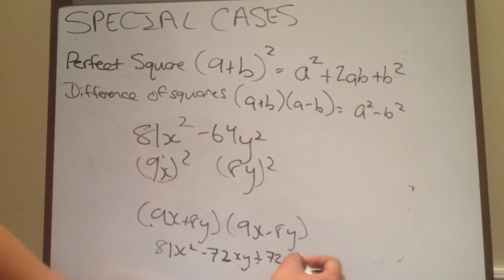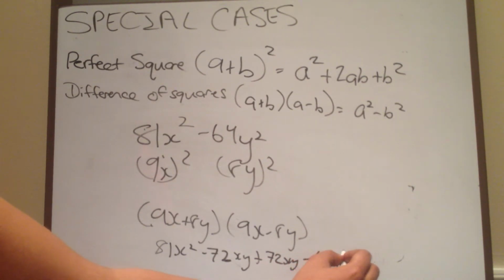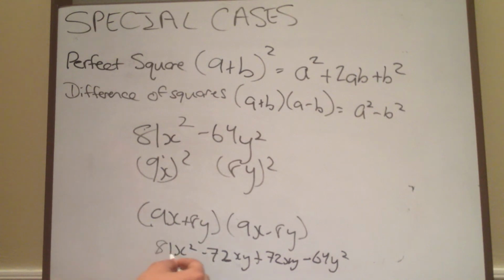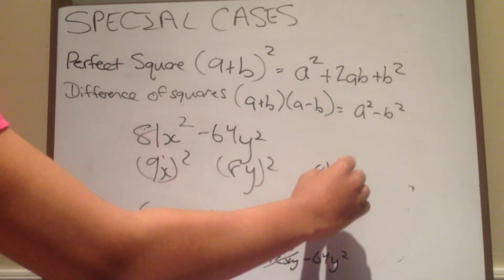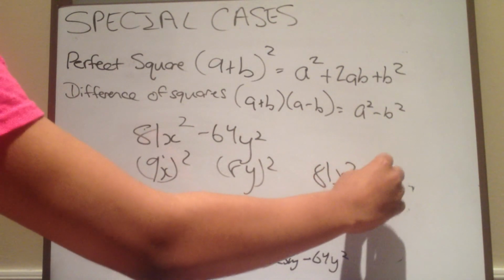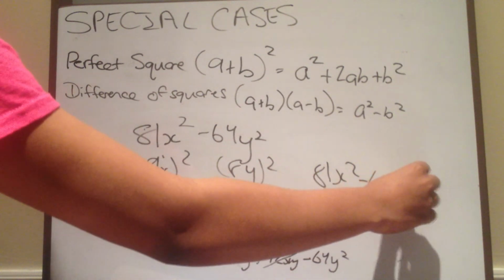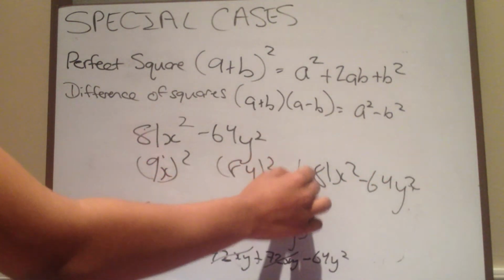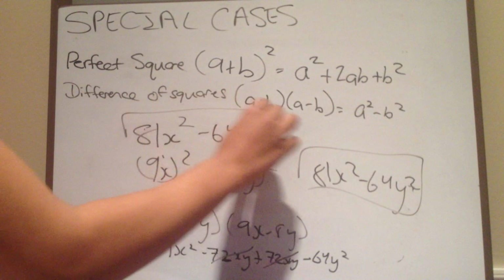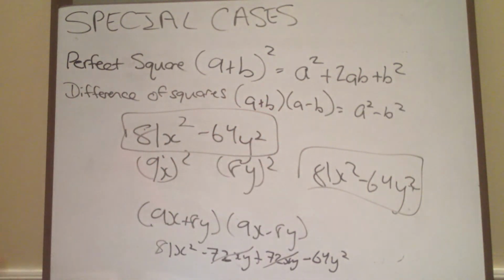And then that would be negative 64y squared. If you collect like terms, these two would be canceled out because it's a negative and a positive with the same value. So the final answer would be 81x squared minus 64y squared, and this is the same as the original. So now you know that you did all of your steps right.